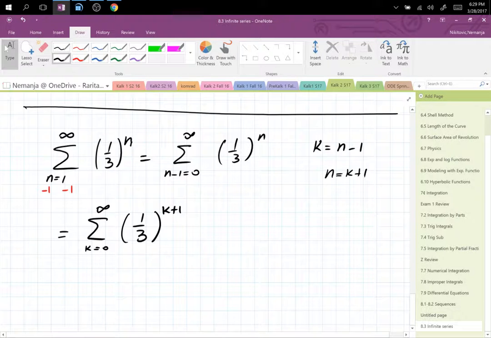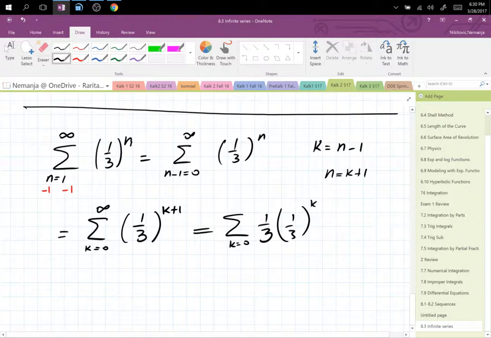But the issue now is the exponent, because the exponent is now k plus 1, and that doesn't match our formula anymore because it was a r to the n. But luckily, this plus 1 is easy to deal with because you can just peel off 1/3, right? So we use basic algebra and have 1/3 times 1/3 to the k.